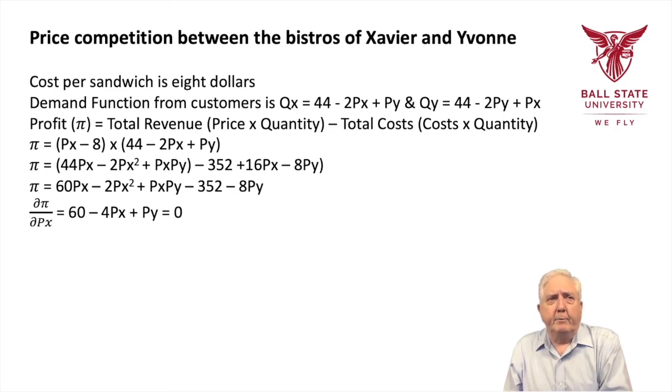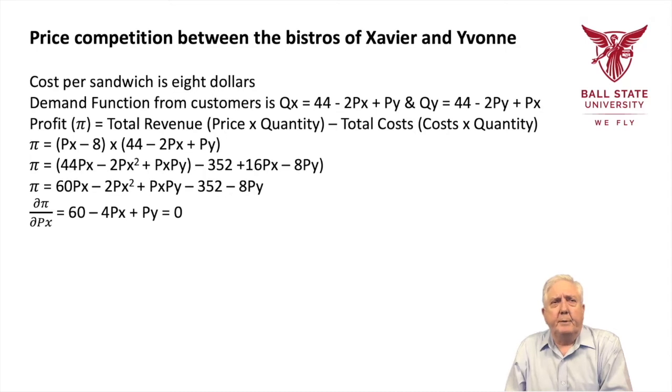So we're going to take the first order derivative of profit with respect to px. And so let's look at our rules. So the equation from above, the 60px, using the addition rule, the 2px squared first becomes 4px squared, and then of course we subtract one of the px's from it, and we get minus 4px.